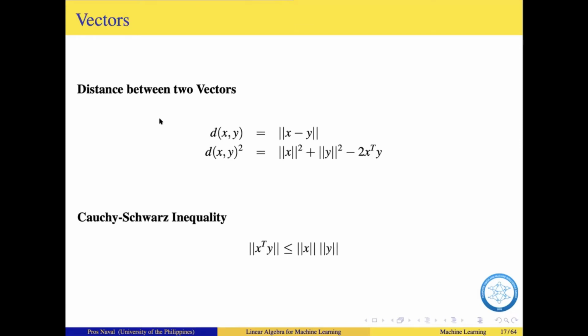Distance between two vectors is familiar. The distance between two vectors is just the norm of the difference between the two vectors. Cauchy-Schwarz inequality.